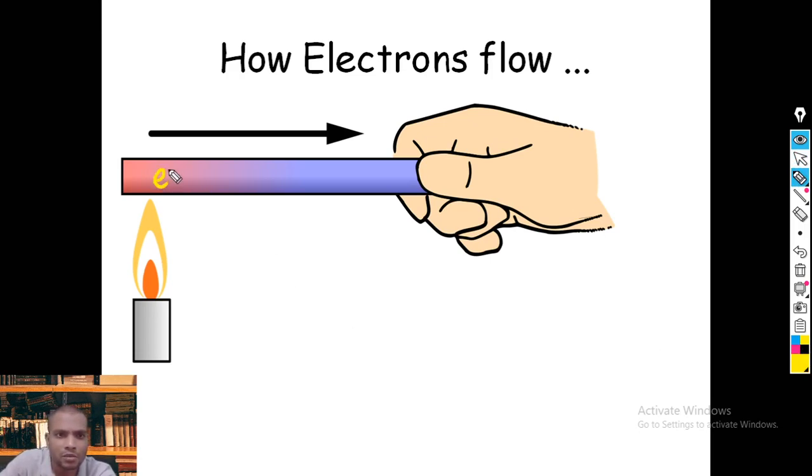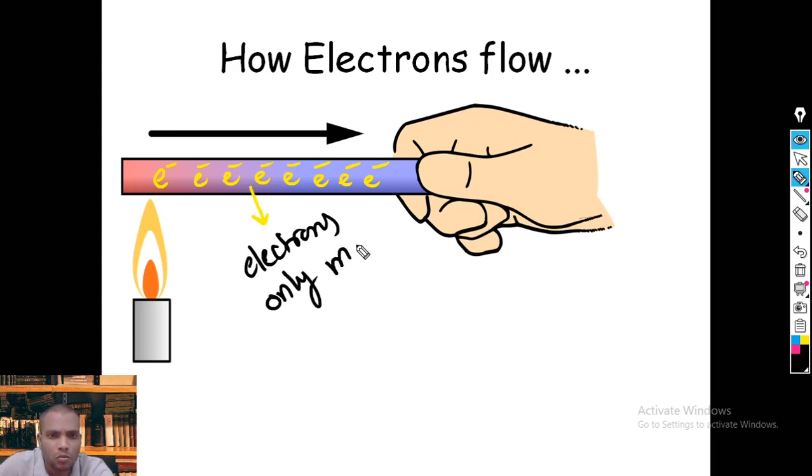I can represent electrons with e minus. The electrons will carry heat from one end to another, because in this metal, only electrons move. Electrons only move because they are outside the nucleus. Inside the atom, the nucleus cannot move.